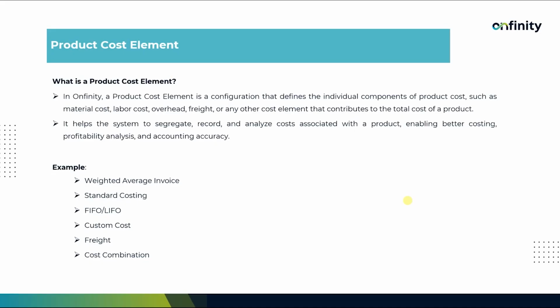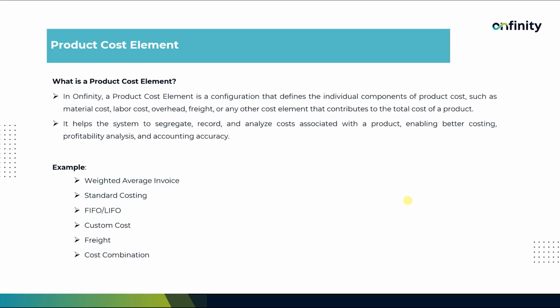In Onfinity, a product cost element is a configuration that defines the individual components that make up the total cost of a product, such as material cost, labor, overheads, freight, or any other relevant cost.